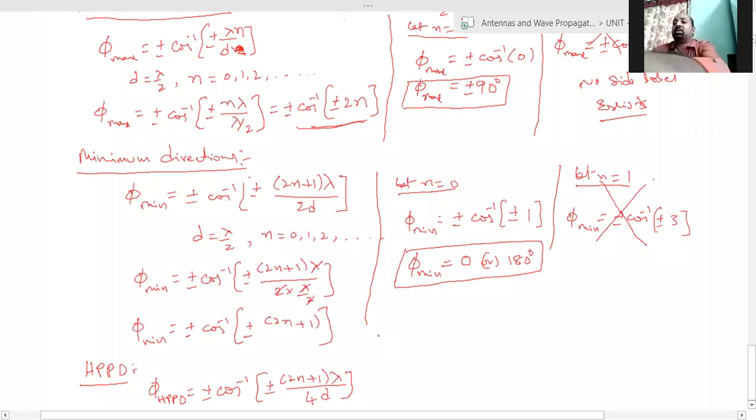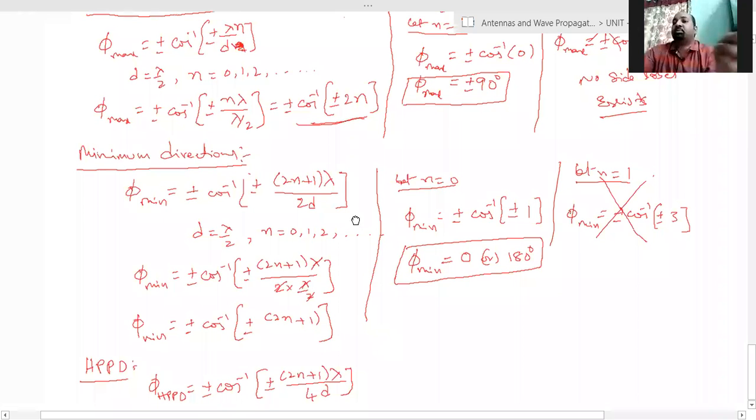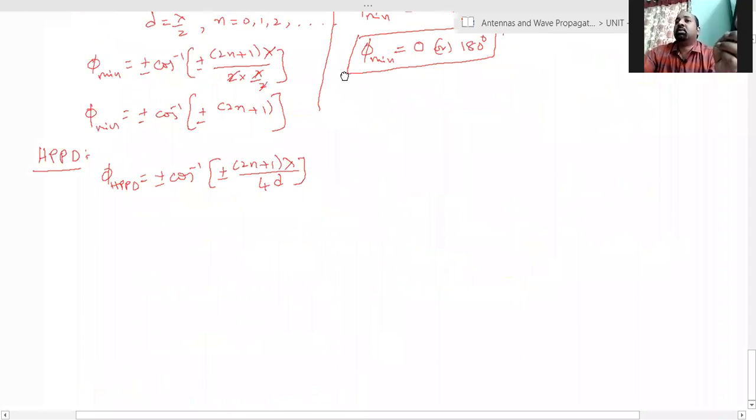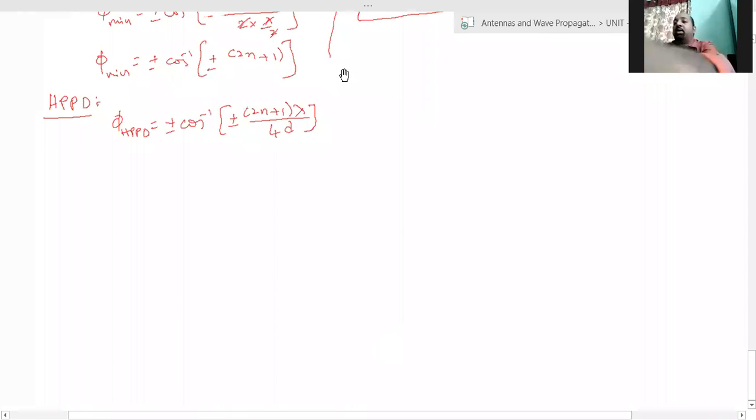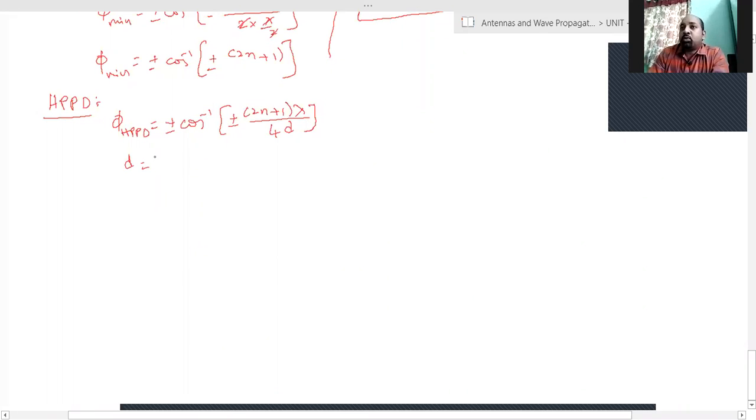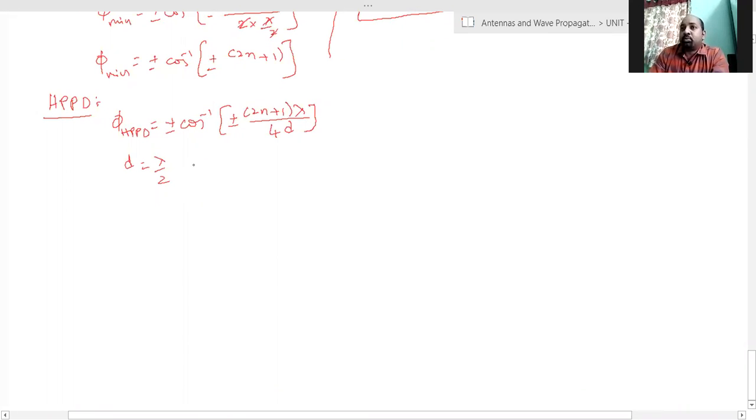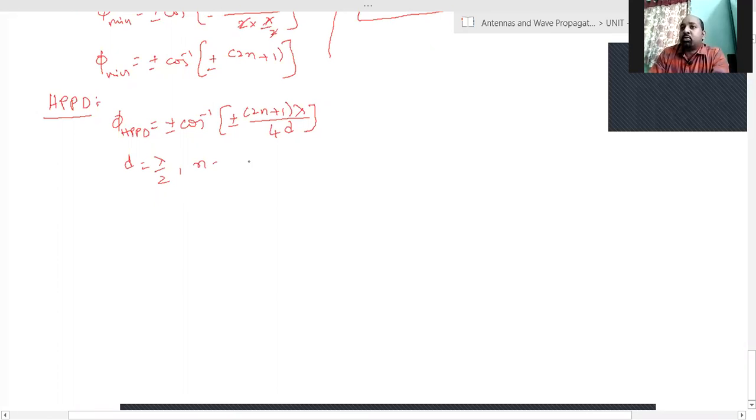So this is the expression which we have. And now, what is the given data? D is equal to lambda by 2 and n is equal to 0, 1, 2 and so on, right?